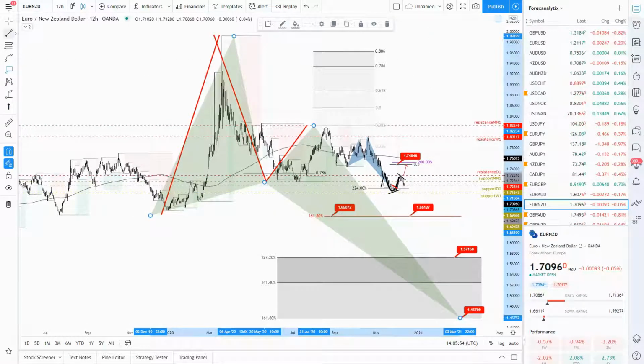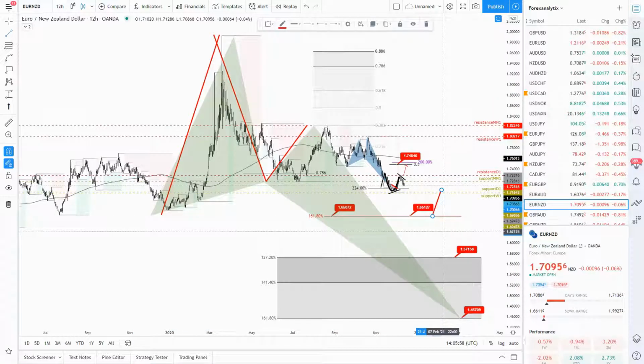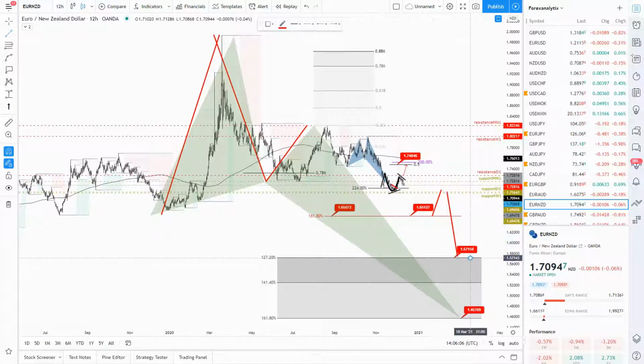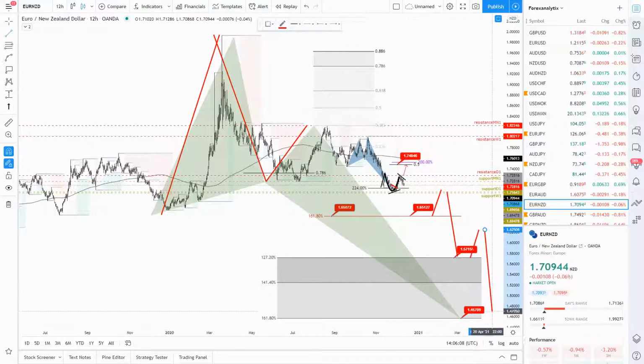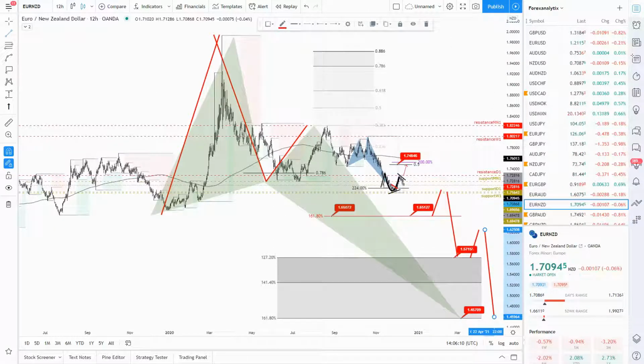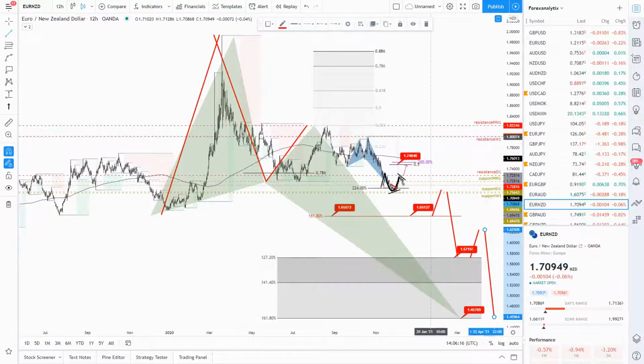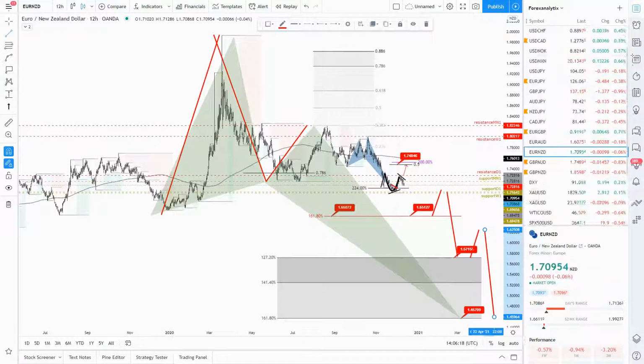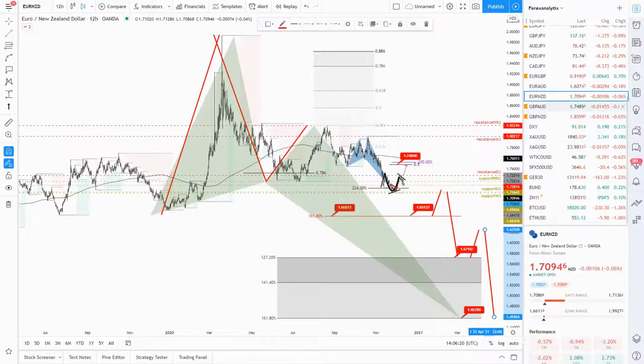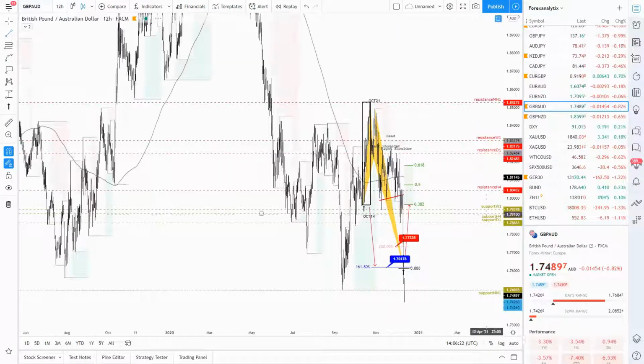Eventually the market will react to this golden Fibonacci, retest the previous structural lows, the weekly and daily fractal, and then start to fall again. It will find the 127 extension, a natural pressure zone again, eventually another bounce. And if the market decides to keep trading in that direction, we may see all of those levels and the price may react to all of them. Let's actually observe Euro versus New Zealand.